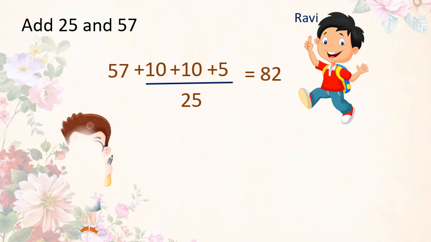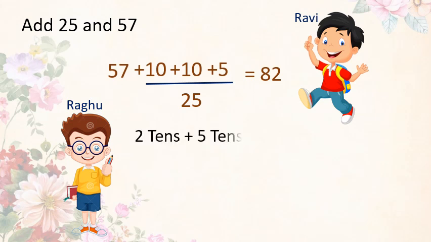Now one more student is there. What is his name? Raghu. Raghu will use his method. Which method is he going to use? We'll see. Here what did he do? 2 tens plus 5 tens. He added tens and he will add, I think, units.